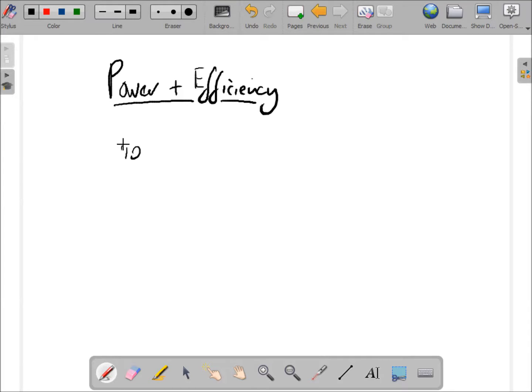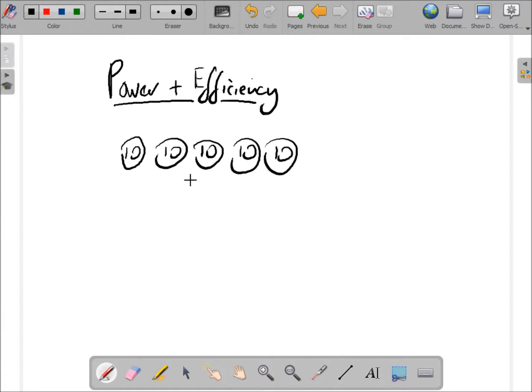So we're going to imagine we've got some little lumps of energy. Obviously energy doesn't usually hang around in little lumps, but let's just imagine here that we've got 5 little lumps of 10 joules of energy. We've got a total amount of energy of 50 joules, and this energy is being used by a filament lamp. Okay.